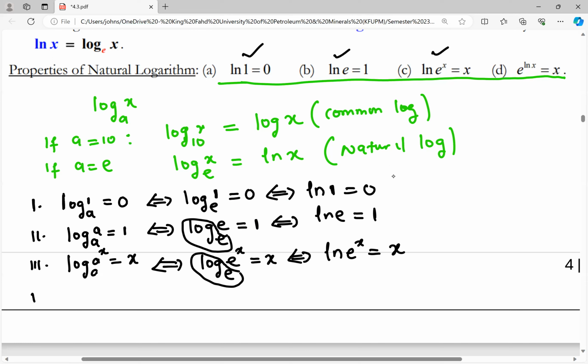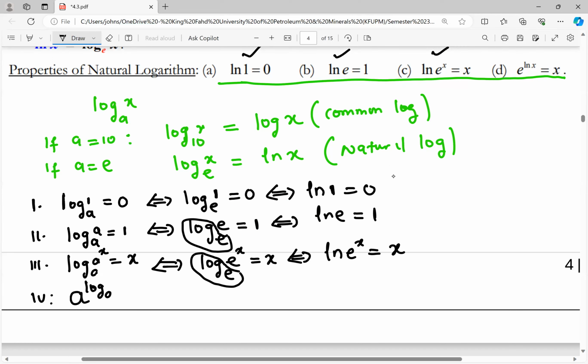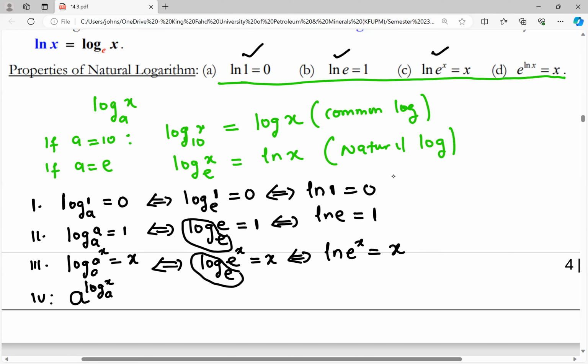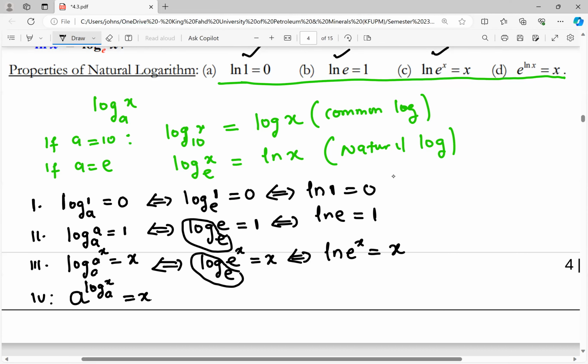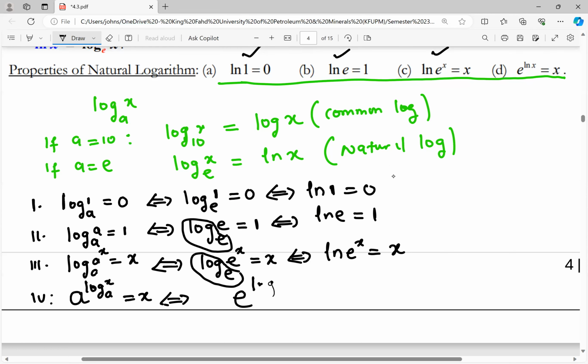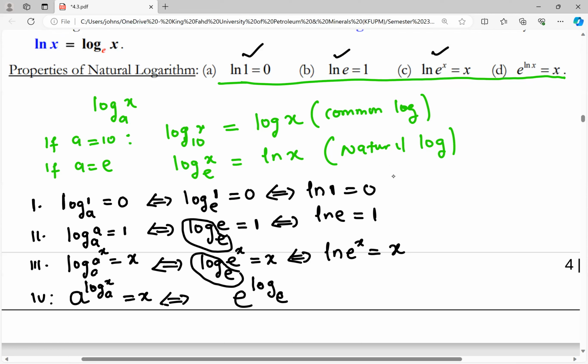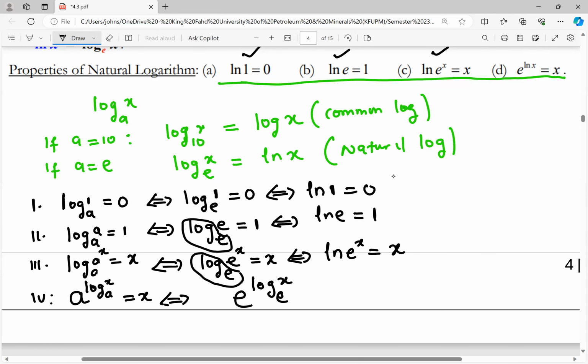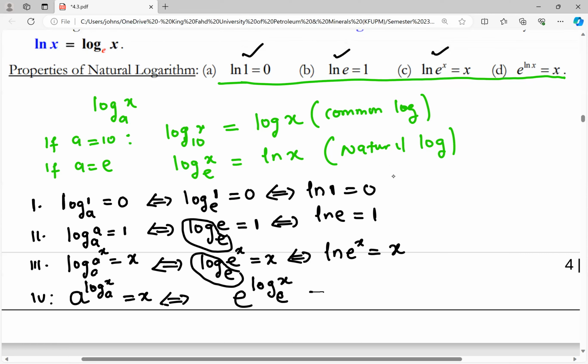And finally, we also saw that a to the power log to base a of x is equal to x. So if we replace a with e, you have e to the power log to base e of x.